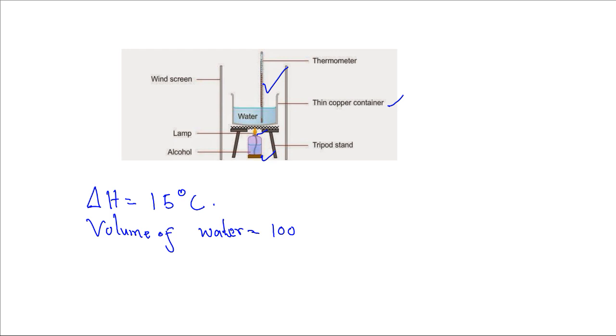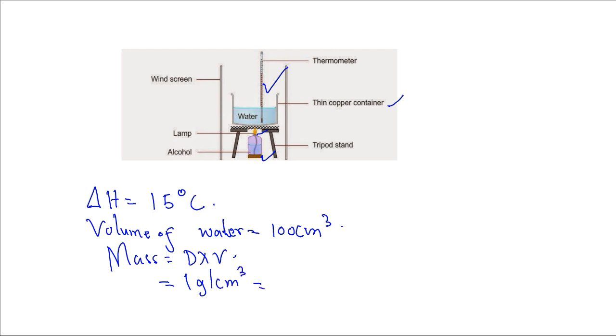Sorry for that, temperature is in degrees Celsius. Now, from there, we know that mass is equal to density times volume. And density of water is 1 gram per cubic centimeter.